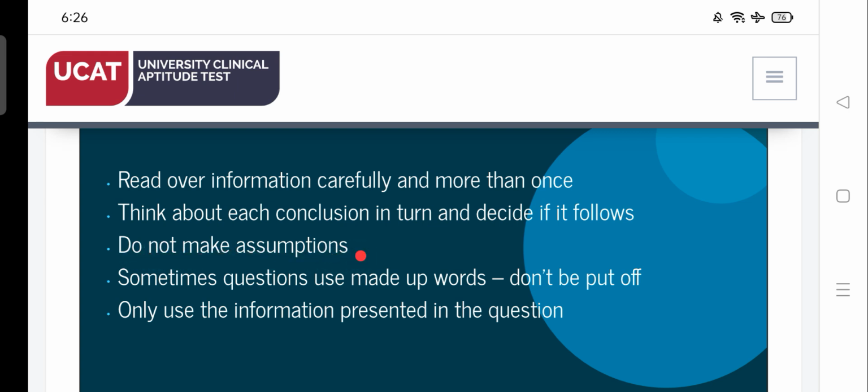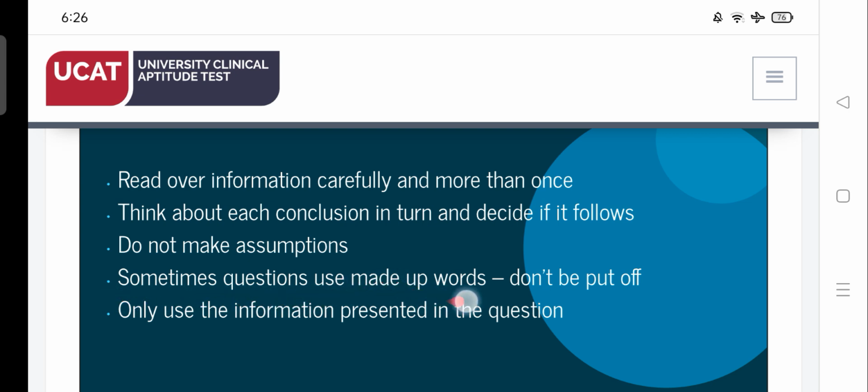Do not make assumptions. That's the main point. You don't need to make assumptions that maybe it could happen, maybe they are saying like this. No. Whatever information is provided to you, you just have to conclude from that information. You don't need to make any other assumptions by yourself.